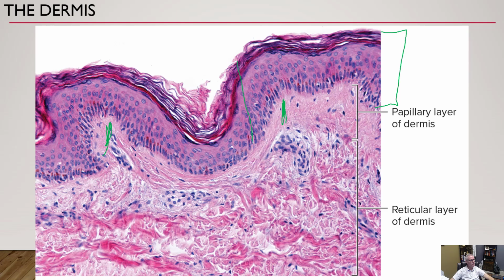From here to here would be the epidermis. Here to here would be the epidermis. Then we have our papillary layer from about here to here. Remember, areolar connective tissue here, then dense irregular connective tissue down here in our reticular layer.